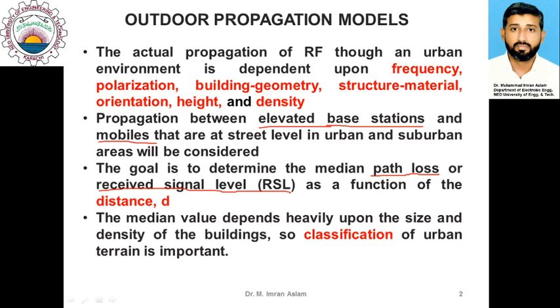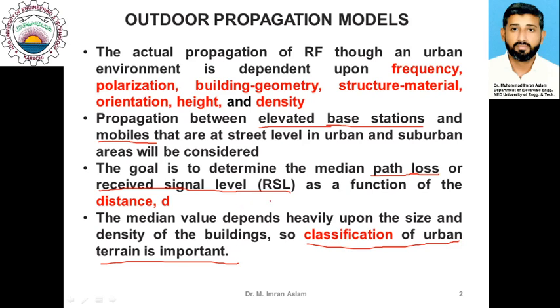So we generally try to calculate this path loss in terms of the distance. As we know, the loss depends on the size and density of buildings, so generally we try to classify the buildings in different types of terrains that we will be discussing shortly, inshallah.